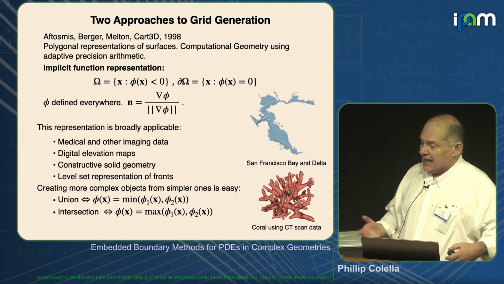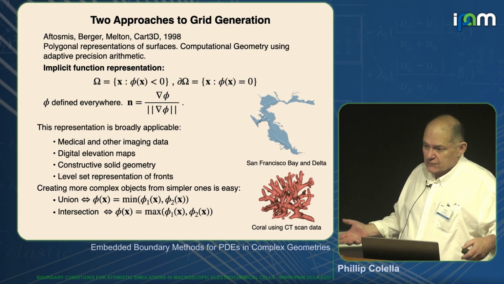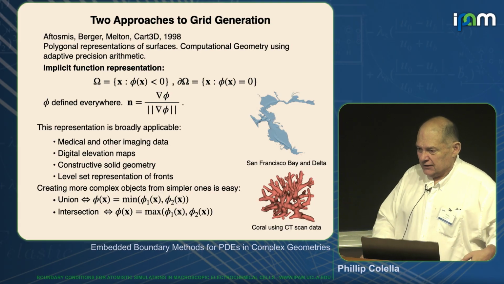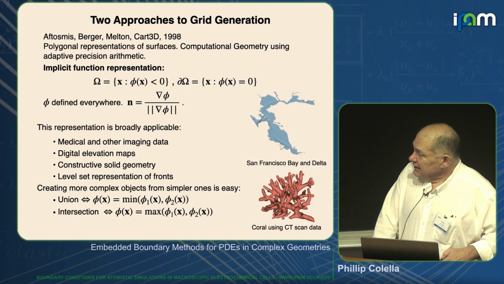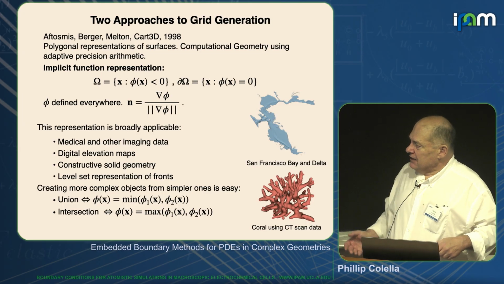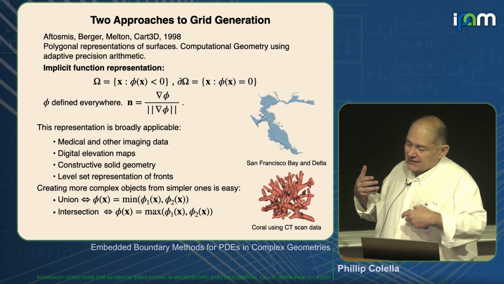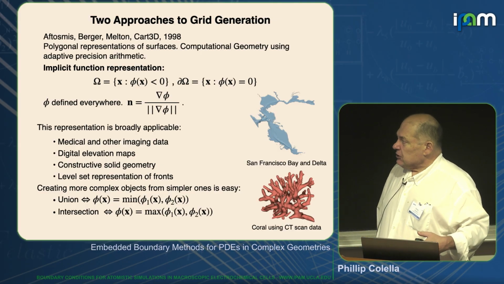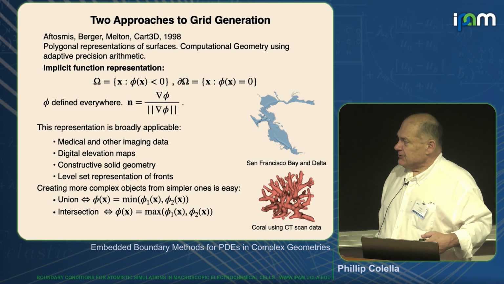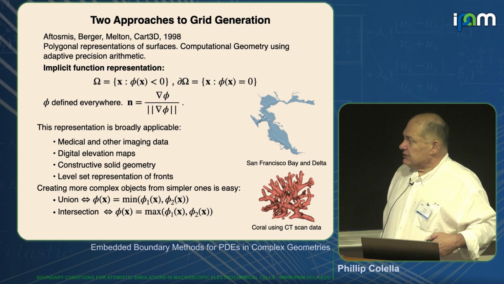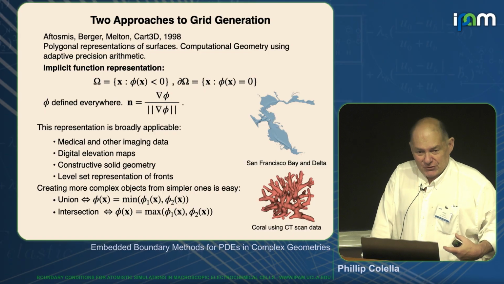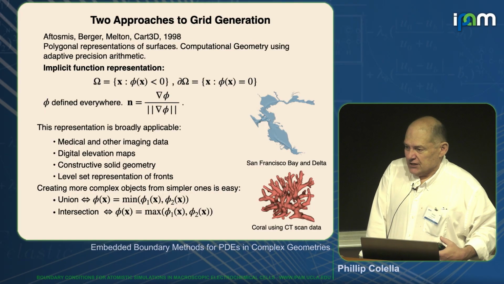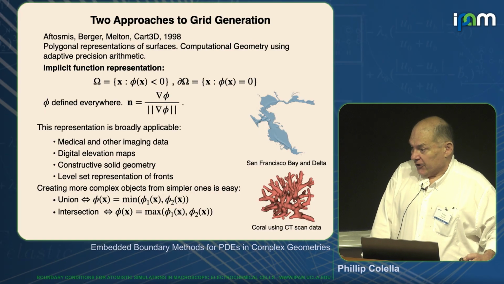The starting point is that you have a polygonal representation of surfaces. That's kind of how engineers work, certainly in exterior aerodynamics. Then to get these intersections from that, you actually have to be quite careful. The techniques they ended up using were computational geometry techniques using adaptive precision arithmetic. So when is something on one side or the other side of a triangle? That's a well-defined question, but the answer, in order to get acceptable accuracy, requires a lot of care.